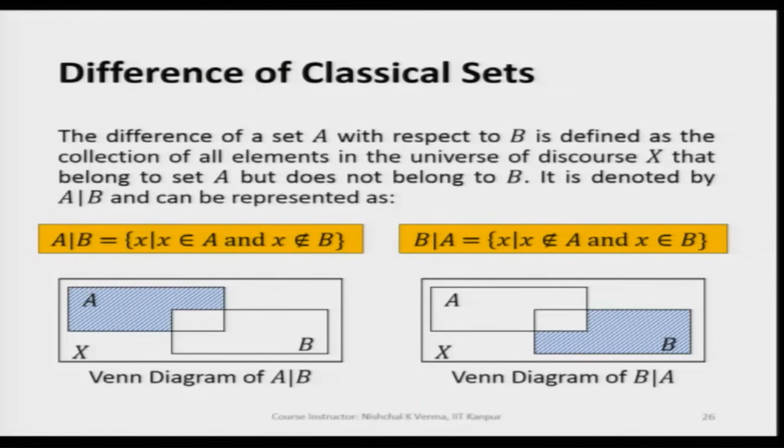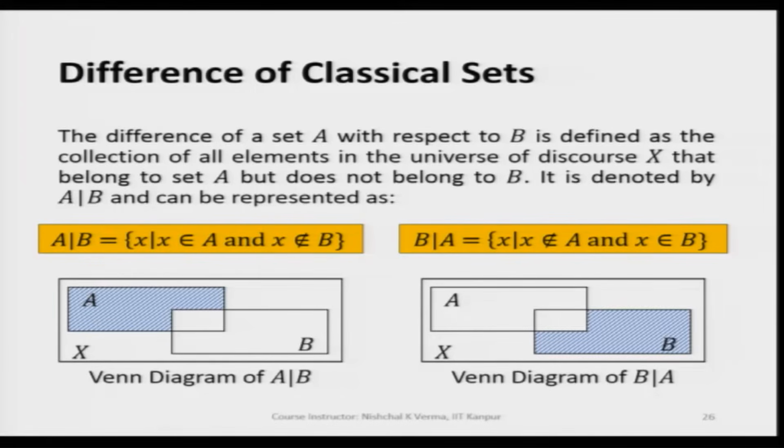Now, let us discuss the difference of classical sets. The difference of a set A with respect to B is defined as the collection of all elements in the universe of discourse capital X that belong to set A but do not belong to set B. This is with respect to the classical set.